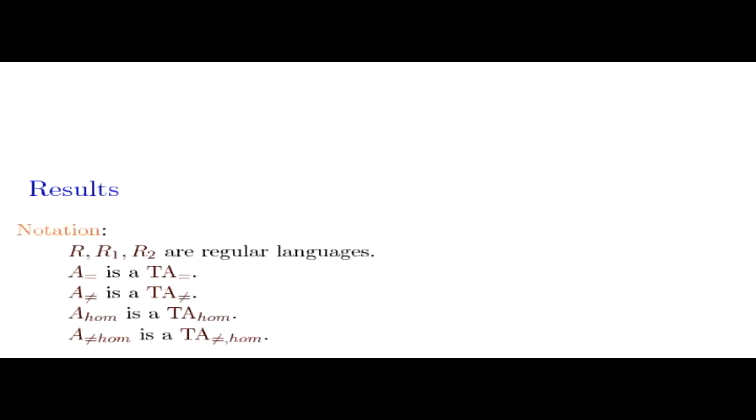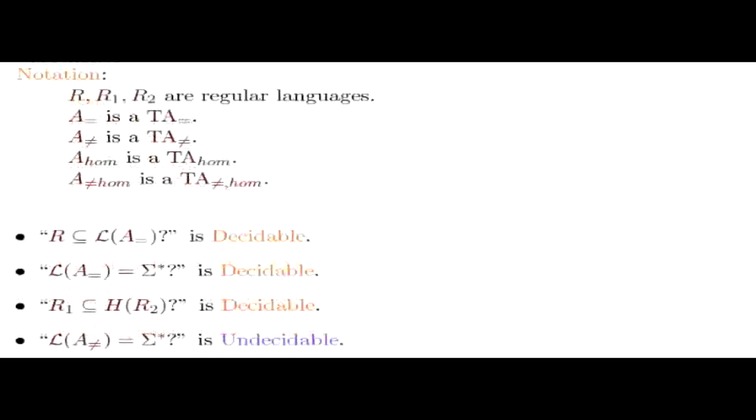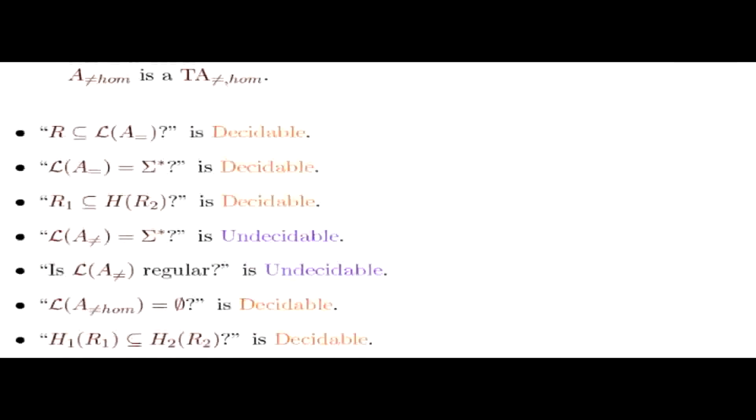For listing our results, I denote in this way regular tree languages, a tree automaton with equality constraints, a tree automaton with inequality constraints, and a tree automaton with Hom equality constraints and inequality constraints. Here we have the list of our results. Among them, it is particularly significant the decidability of the inclusion problem for images of regular languages through tree homomorphisms.